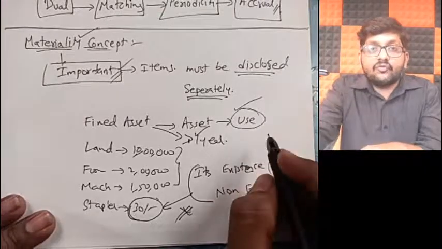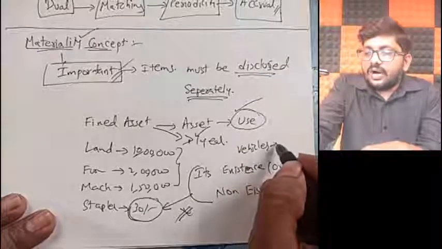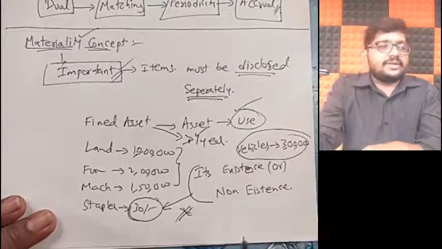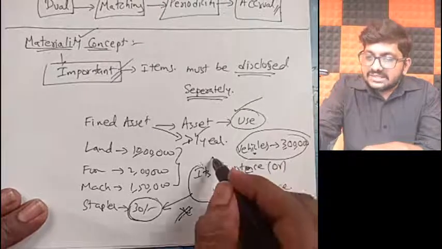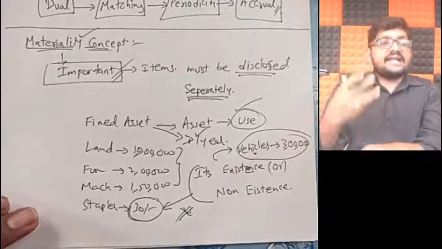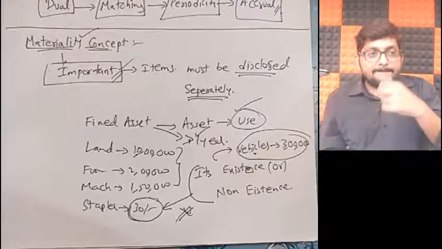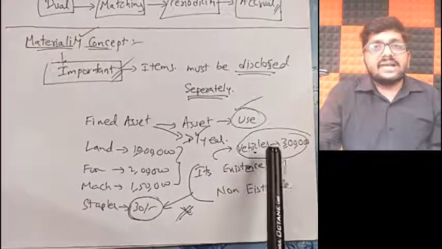But imagine you forgot to record a vehicle worth about 3 lakh rupees. You forgot to write it. Obviously, this 3 lakh rupees existence will create an impact on your financial statements. Its existence will create an impact on your financial statements. Obviously, you should take vehicles as a material item.